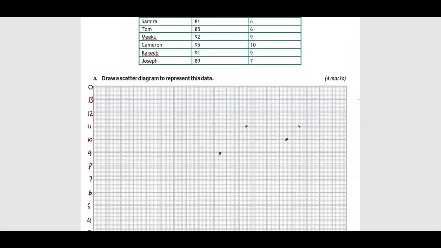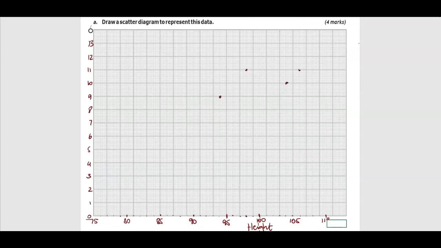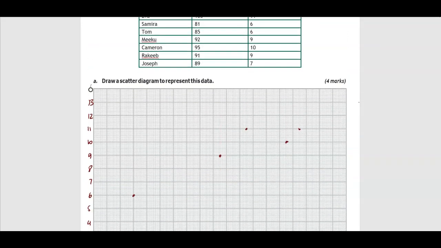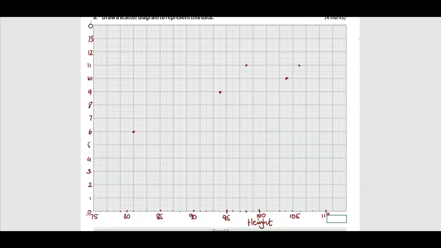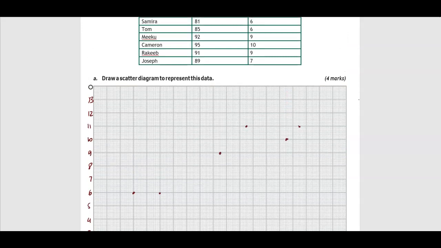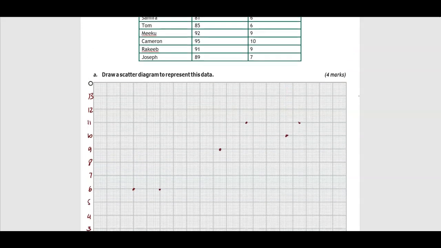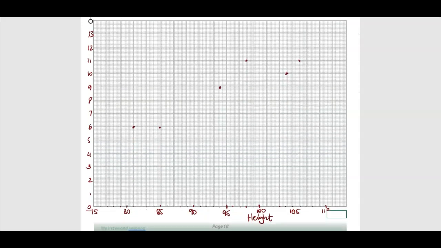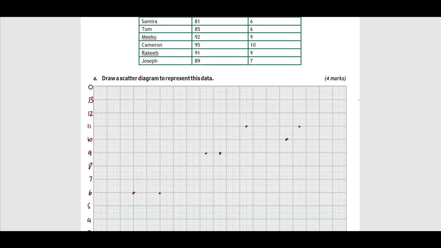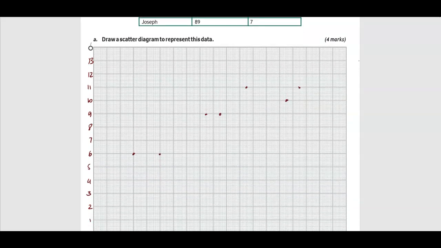Samira 81, 6. Tom 85, 6. Miko 92, 9. Cameron 95, 10.